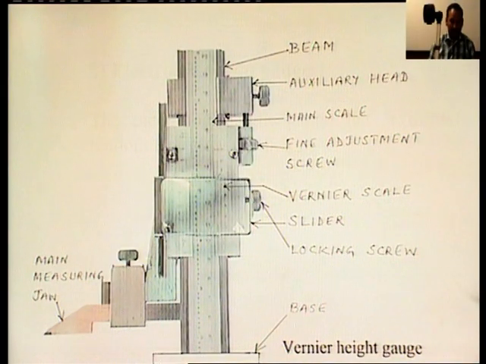The upper and lower surfaces of the measuring jaw should be perfectly flat and parallel to the base of the height gauge. The projection of the scriber beyond the jaw should be 25 mm minimum. The vernier must be at zero position while taking the readings. The next main part of this vernier height gauge is the auxiliary heads.